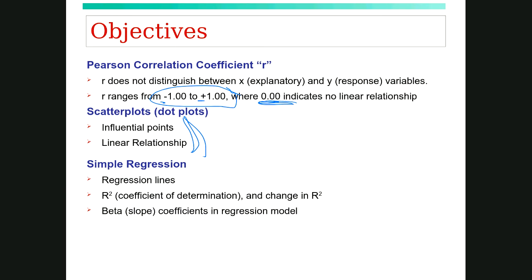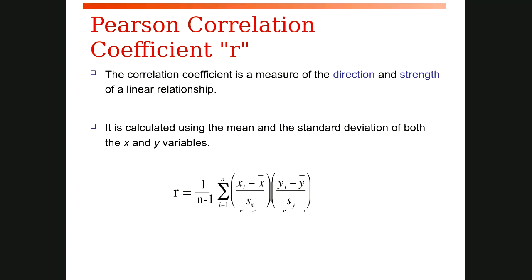It can be rather sensitive to outliers, so that is something you would typically want to look at before you do your correlation analysis. And then we're also going to talk a little bit about regression because correlation is part of regression, and regression is our other topic for this week. But in terms of correlation, the correlation coefficient is a measure of the direction and strength of a linear relationship, and it's calculated using the mean and standard deviation of both the x and y variables.